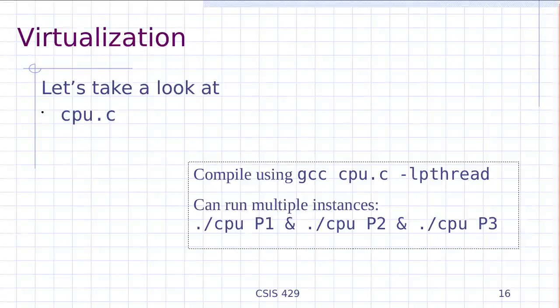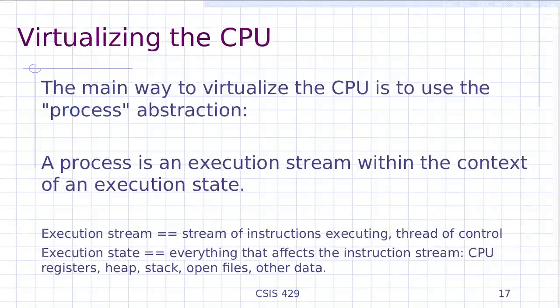So let's take a look at this program. It's very simple. It looks like each program has its own CPU to run on, and that's really what the operating system does. So operating systems virtualize the CPU by using what's called the process abstraction. So we just saw that we created two processes.